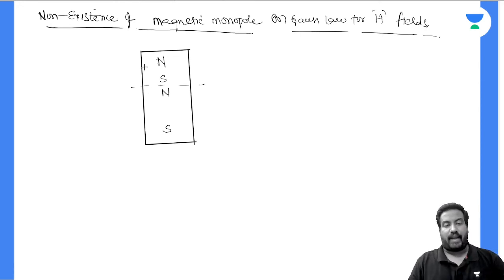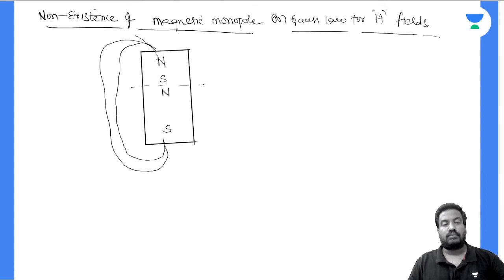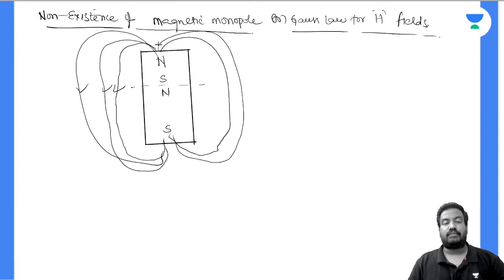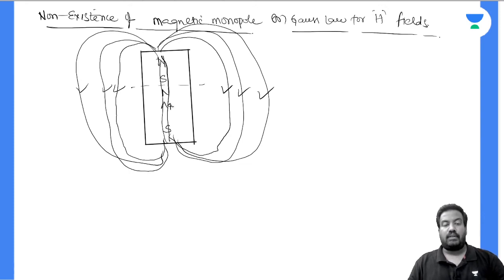Outside the magnet the magnetic flux lines move from north pole to south pole. Inside the magnet, they move from south pole to north pole, forming closed loops, the uniform magnetic flux.